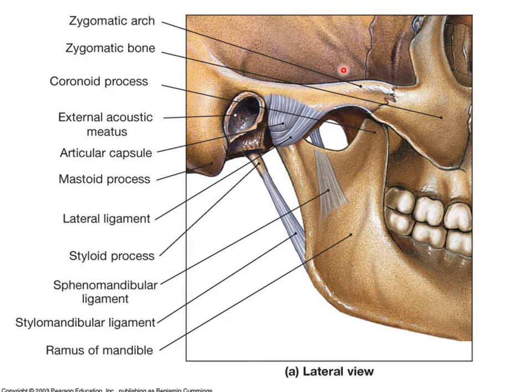There are other parts of the skull bone: this is the zygomatic arch and the zygomatic bone. So we can see that the TM joint is completely encapsulated by the ligaments.